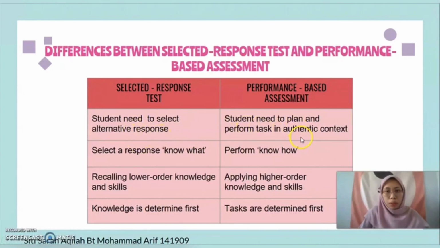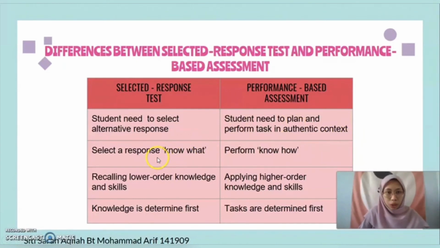While for performance-based assessment, students need to plan and perform tasks in authentic context. Authentic context here means students need to give their own idea or their own perspective about a certain task.